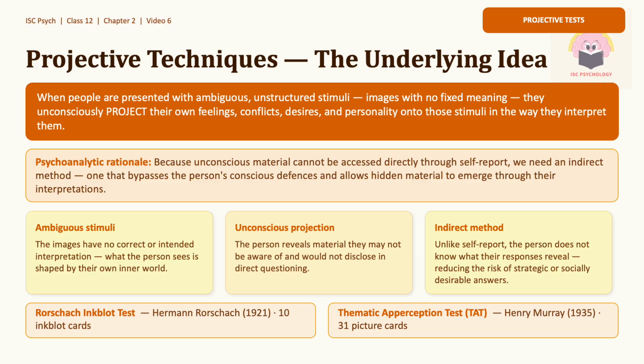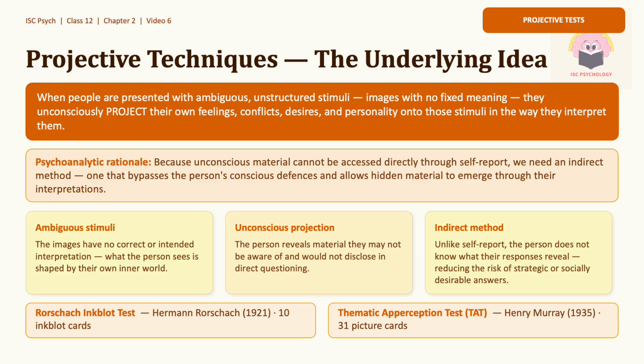The second major category of personality assessment is projective techniques. A projective technique is based on the idea that when people are presented with ambiguous, unstructured stimuli, that means images that have no clear or fixed meaning, they will unconsciously project their own feelings, conflicts, desires, and personality characteristics onto them in a way they can be interpreted.